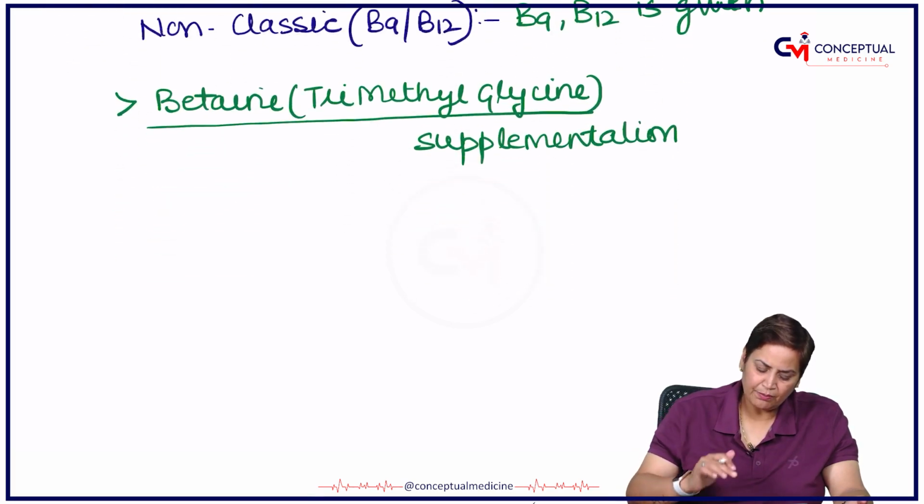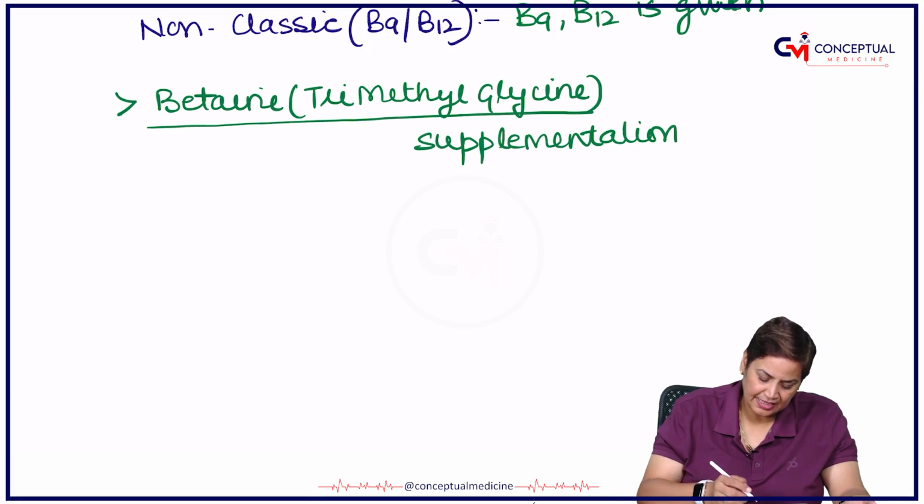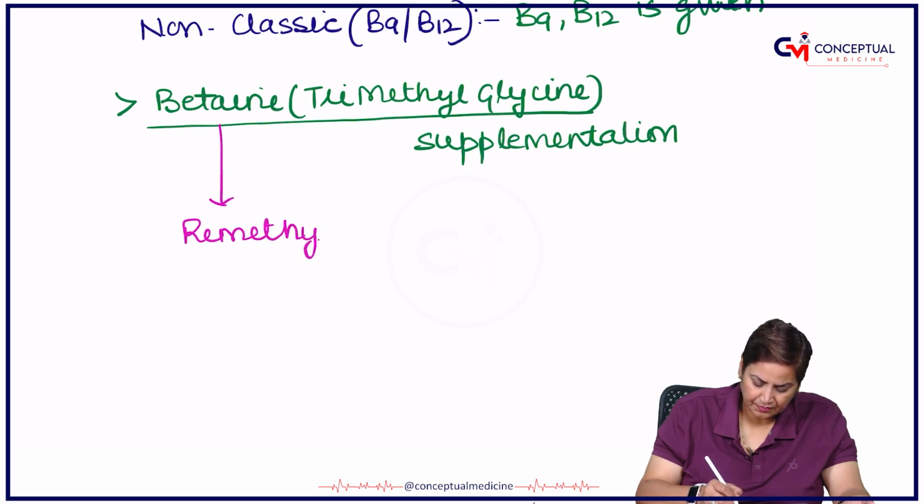Right, so betaine is trimethylglycine, so basically it will act as a remethylation of methionine. So the purpose of betaine is that betaine remethylates methionine.